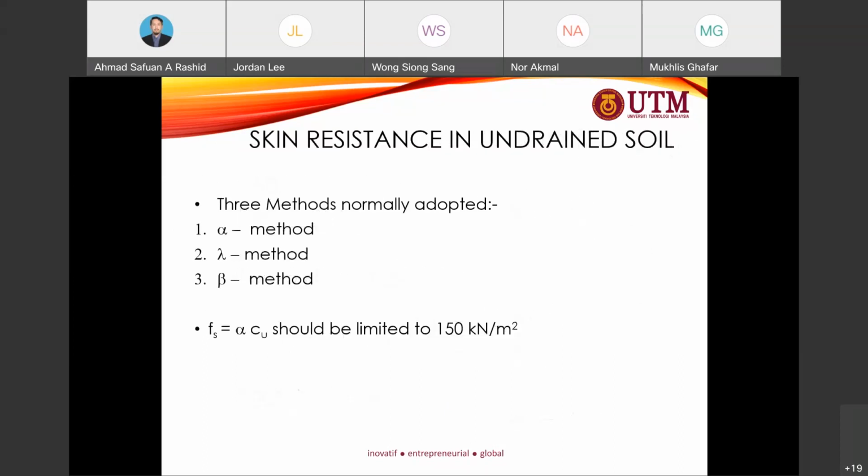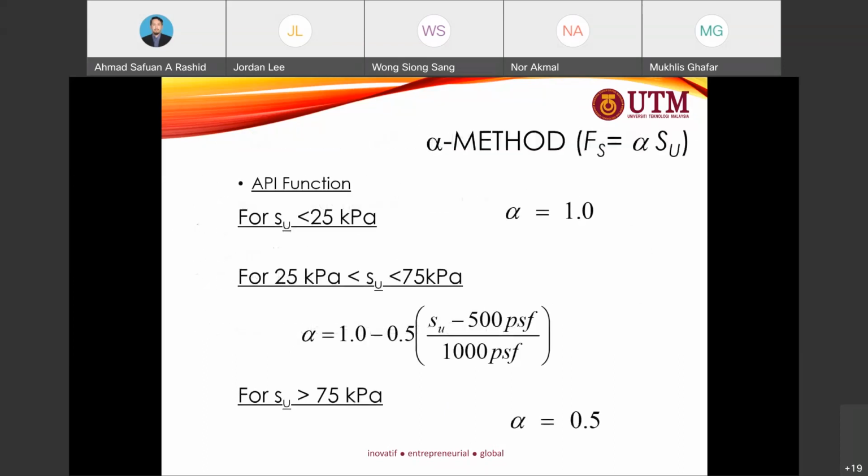For the alpha approach, the value of alpha depends on the strength of the soil. If less than 25, we use alpha equal to 1. If within 25 to 75, we use the alpha of this equation.